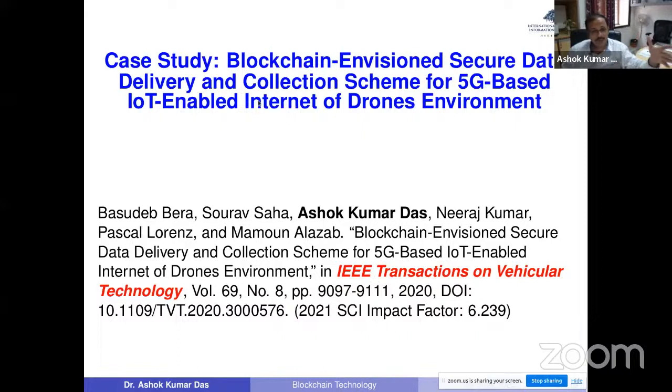Now, shortly, we will talk about one of the prominent case studies in the IoT enabled Internet of Things environment, where blockchain technologies can be useful to secure data delivery and collection mechanisms for 5G based Internet of Things environments.